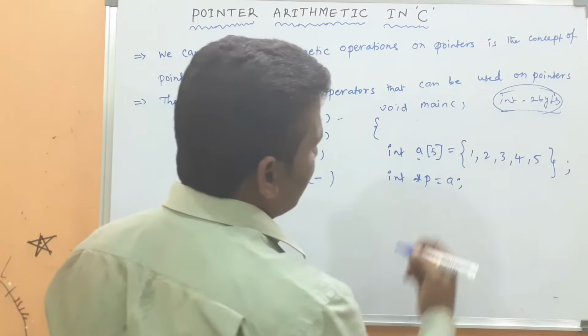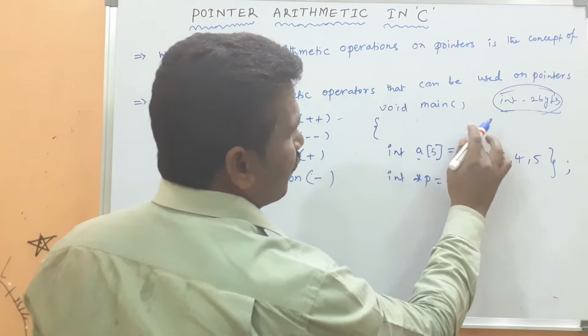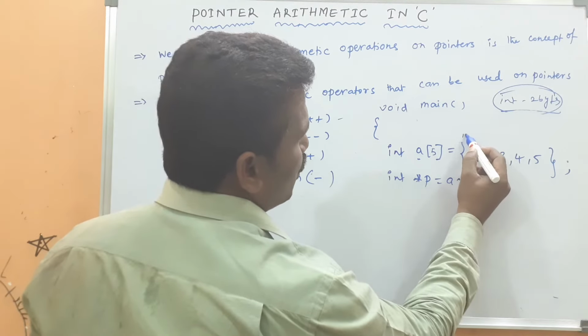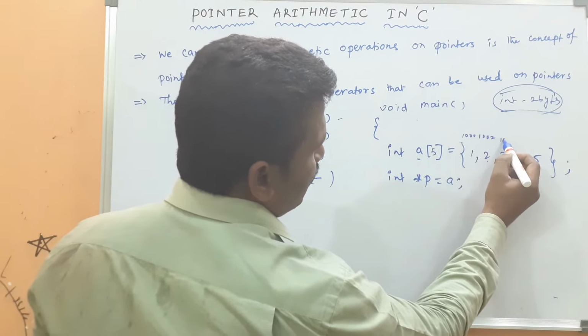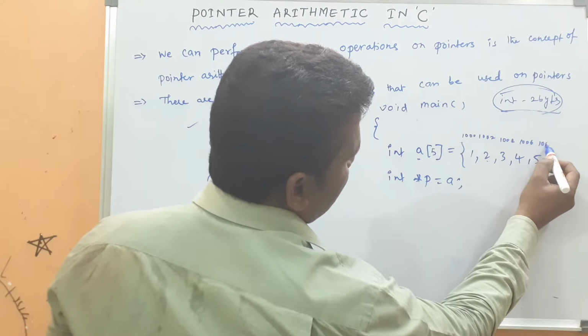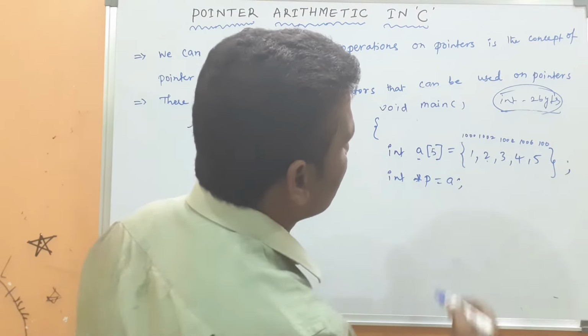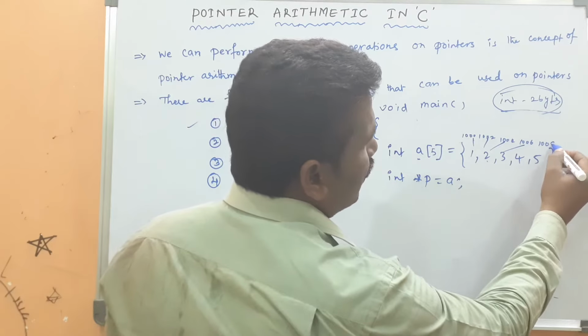Suppose the first integer is at 1000, then 1002, 1004, 1006, 1008.